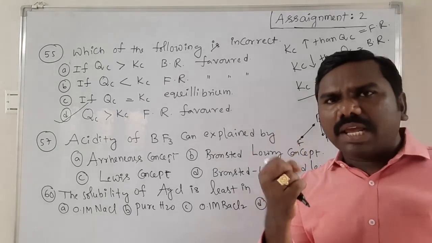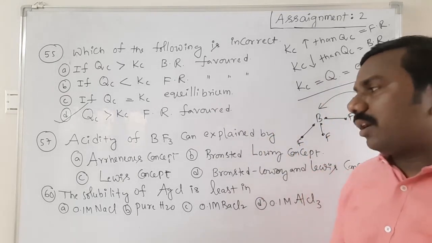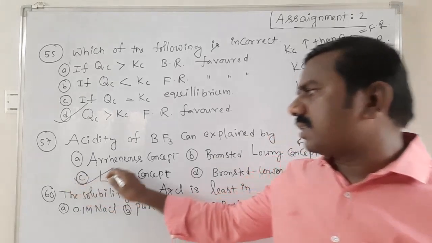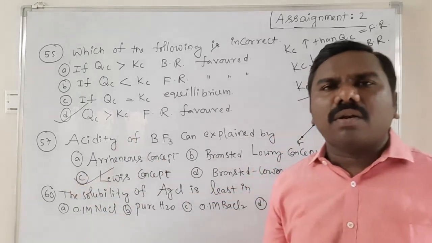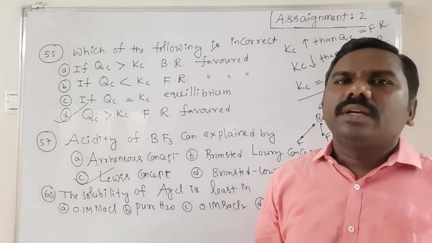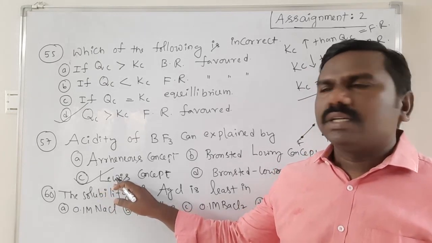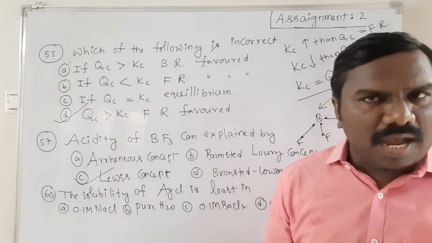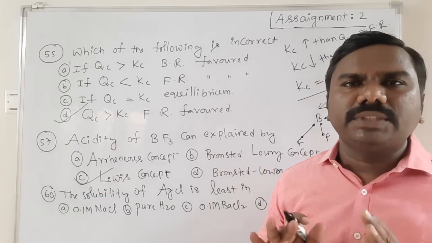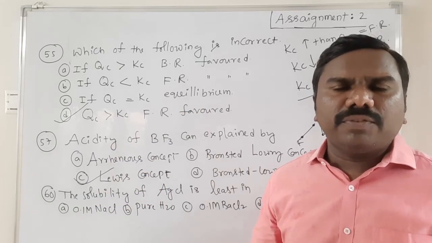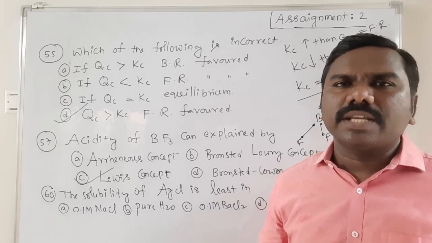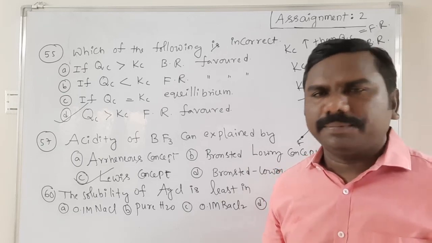Gaining means electron acceptor. An electron acceptor is called a Lewis acid. An electron donor is called a Lewis base. So this is according to the Lewis concept. BF3 acts as an acid because it is an electron deficient molecule. All electron deficient molecules are Lewis acids as per Lewis acid theory.